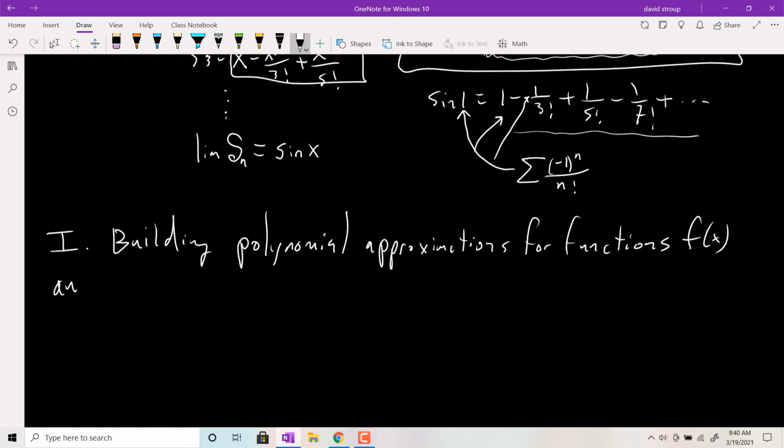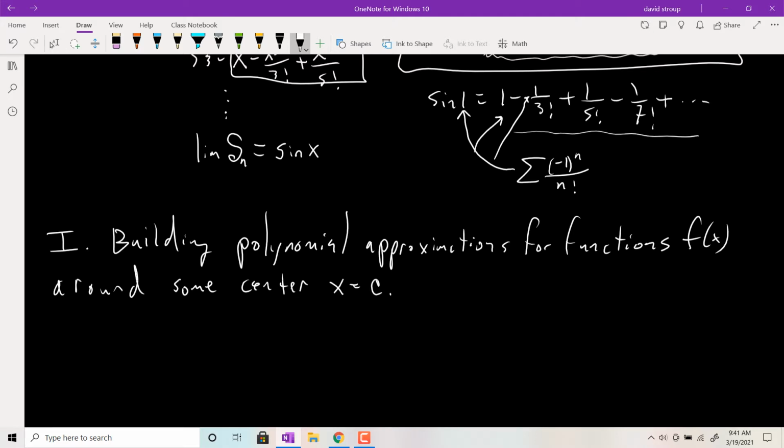And we generally will pin it at one point, like x equals c, and build around that point. So building polynomial approximations for functions, I should say around, not and, some center x equals c. And usually the center will be 0.